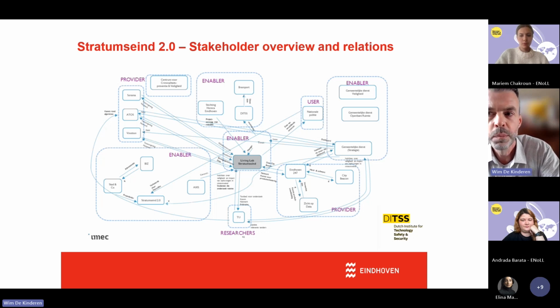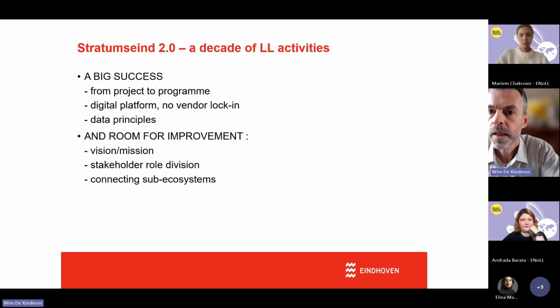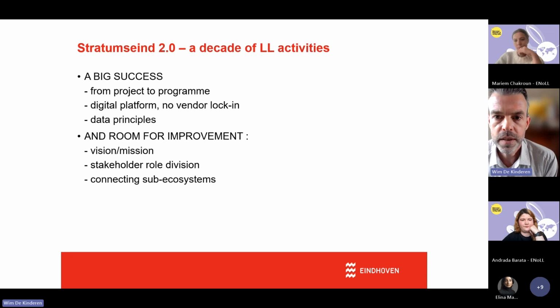So this is a big lesson, that this is really key if you want to keep everybody involved and motivated, and thereby also contributing to the success of the individual activities, of course. If one of them is a bit unclear on what the added value for them is, but also how and if and how they should contribute, your living lab results will get suboptimal. So after decades, I think we could say it was a big success, but there was also a lot of room for improvement.